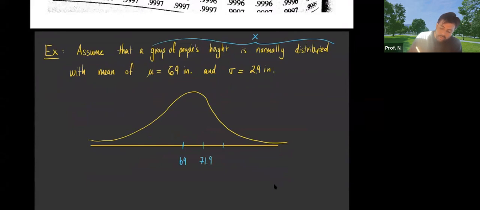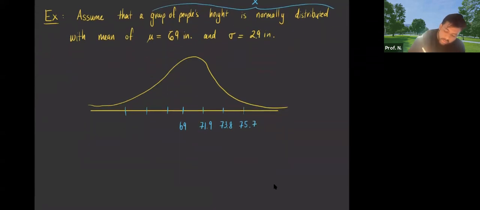Then I subtract: 69 minus 2.9 is 66.1, then 63.2, then 60.3. Okay, so this is the PDF.